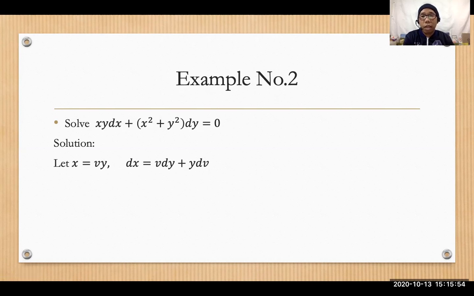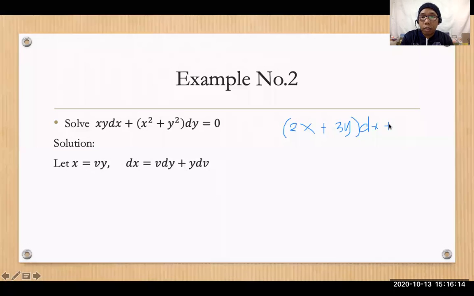Pero nabanggit ko kanina na kapag pareho yung number of terms, okay, let me just write something. Okay, katulad nito. So if you encounter, di ba, 2x plus 3y times dx. Tapos, yung next term mo naman is, for example, 3x plus 2y dy equal to 0.